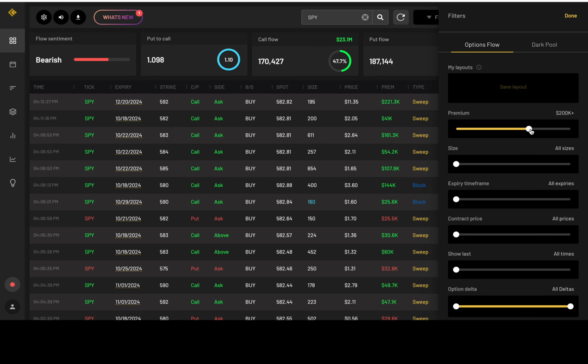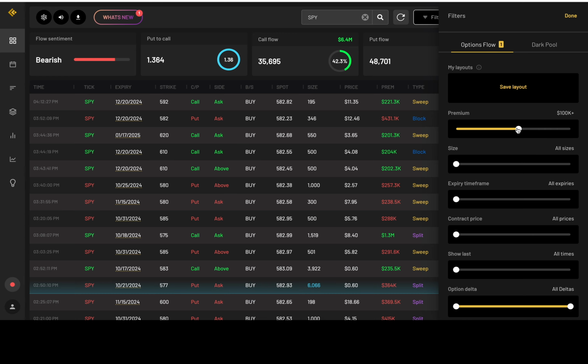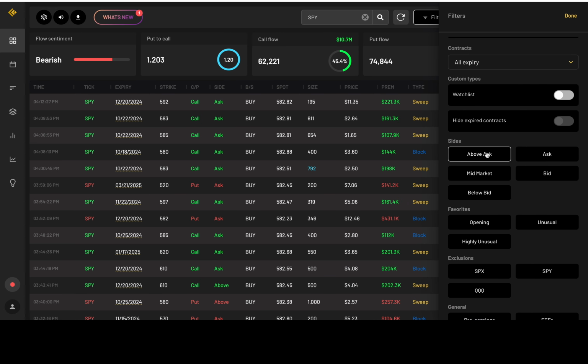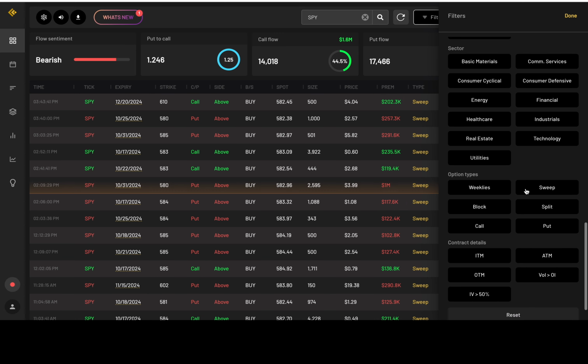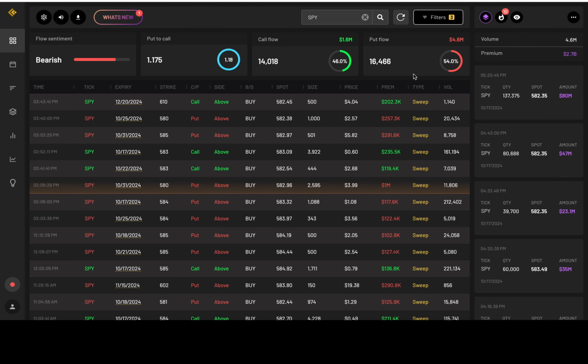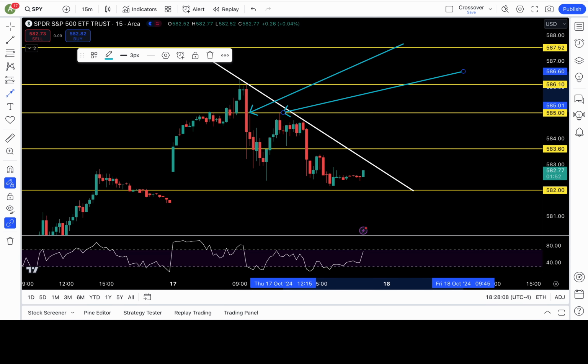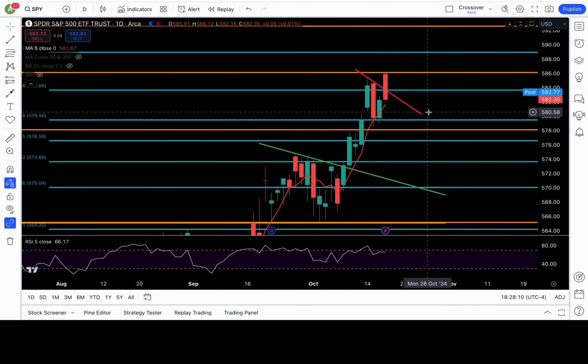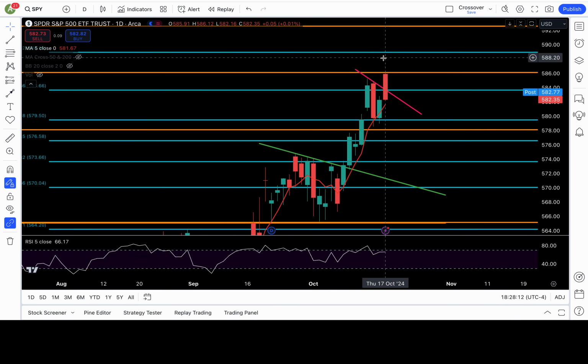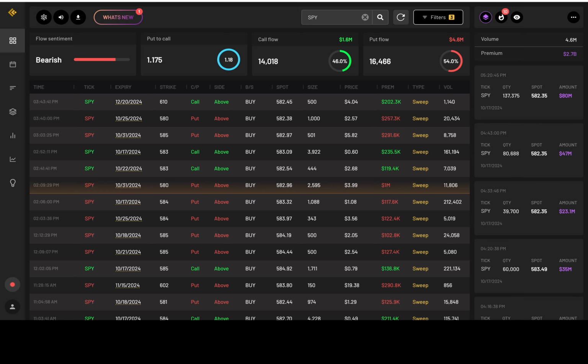Now we take a look at SPY, 100K premiums or above. We're looking at above the ask, sweep orders and out the money. And what do we get? More bearishness, 4.6 million to 1.6 million. We got the pullback. I mean, we have signs of bearishness, signs of a top. The option flow's still looking bearish though, so we'll see what happens.